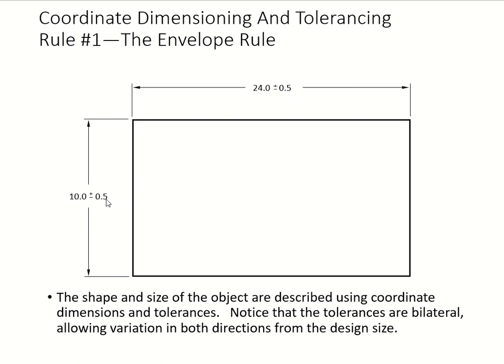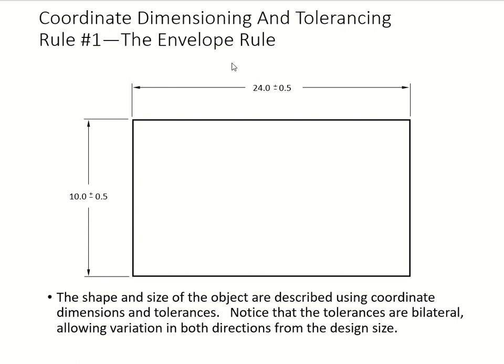You're dealing with a dimension, and here we go: 0.5 is your range, because you see this little plus and minus right there. It's telling you that you can go down to 24 minus 0.5, your lower limit, and up to 24 plus 0.5, your upper limit. That's your tolerance.